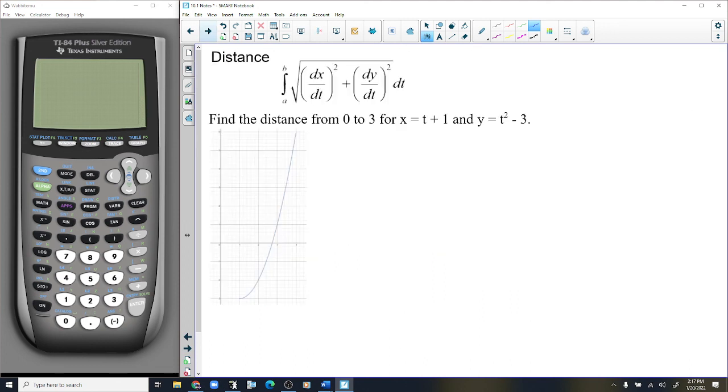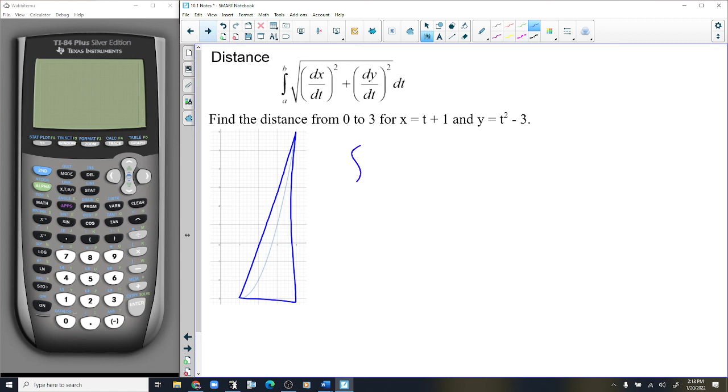And then finally, we're going to end with finding the distance of a curve. And like I said before, we could probably do this with one big triangle, but that wouldn't be a very good estimate. We want lots of triangles with really tiny hypotenuses. And that's what the integral does for us.